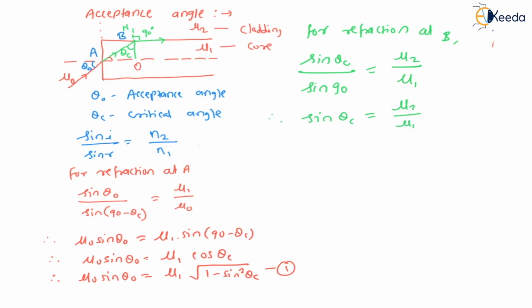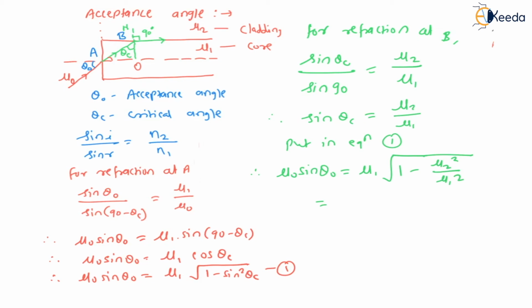Now let's substitute this value in equation number 1. So equation 1 becomes mu2 sine theta naught is equal to mu1 under root 1 minus sine square theta c. Instead of sine theta c, we can write mu2 upon mu1, so this will become mu2 square upon mu1 square. Then it's simple, basic mathematics.